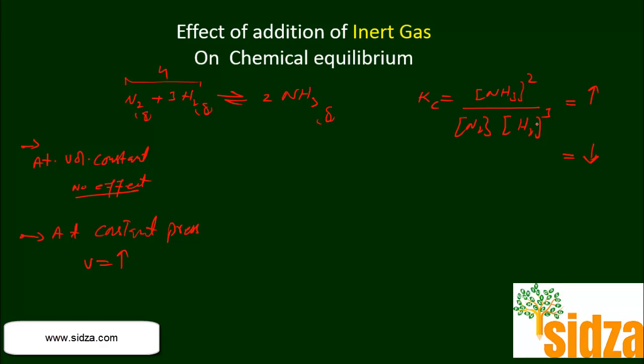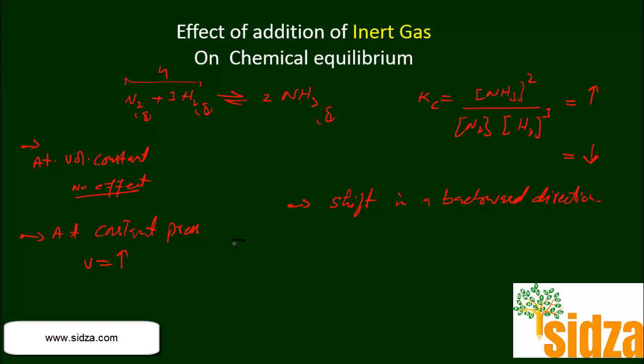It can only decrease when you have more nitrogen, hydrogen and less ammonia, right? That means the equilibrium has to shift in the backward direction. So in this example, the equilibrium will shift in the backward direction.